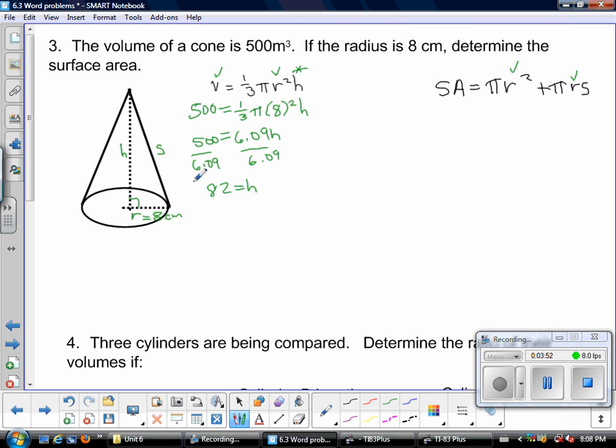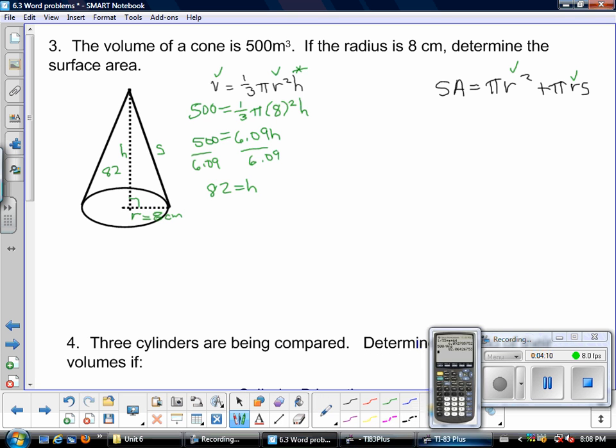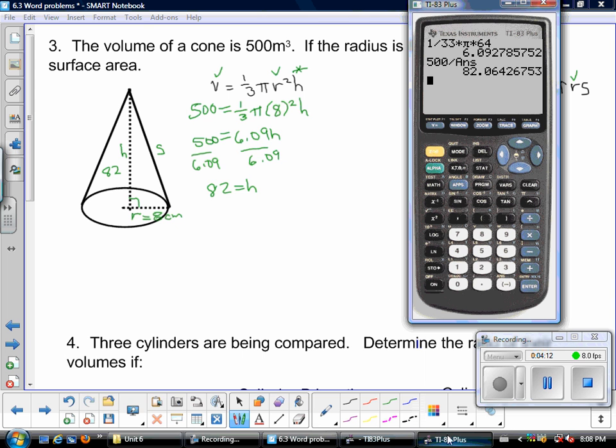Okay, and as I said before, I often put it in the diagram. Now what I can do is I can solve for S because I have everything I need. Okay, so this height actually was pretty tall. Did I get all the right decimals there? Yep, I did.